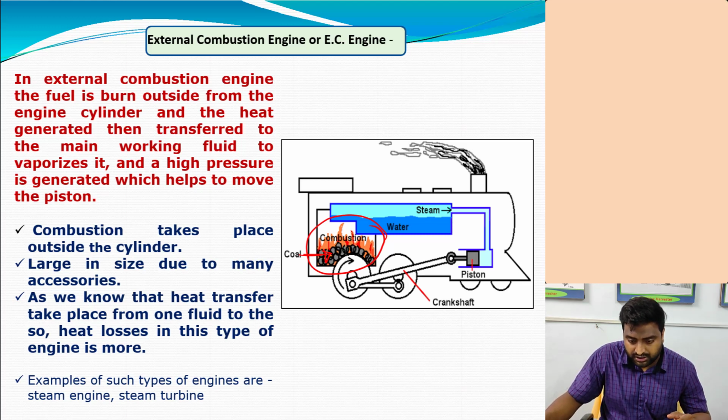So the heat produced from this chamber will heat the water and the steam will be generated. Now these steams will actually reciprocate the piston and the cylinder. As a result, the wheels will rotate in the forward direction. So this is your external combustion engine or EC engine.